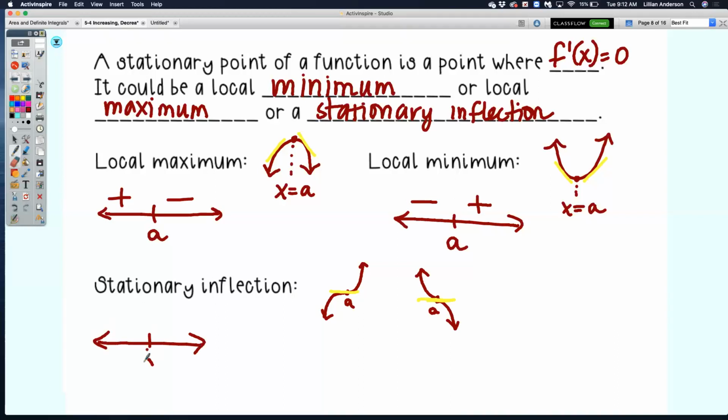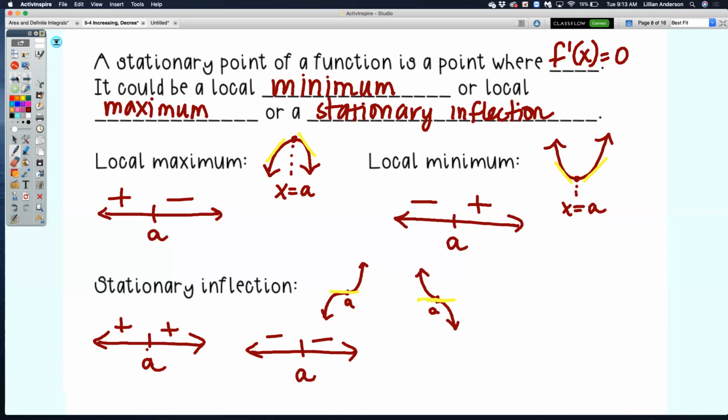That happens on your sine diagram when it's a positive and a positive, or a negative and a negative. So it is possible to get positive, positive or negative, negative, but you also want to double check that you're not plugging your test points into the wrong thing, okay? But if you go from positive to negative, you have a maximum, negative to positive, you have a minimum, and then of course, your stationary inflections are when they're both positive or both negative.